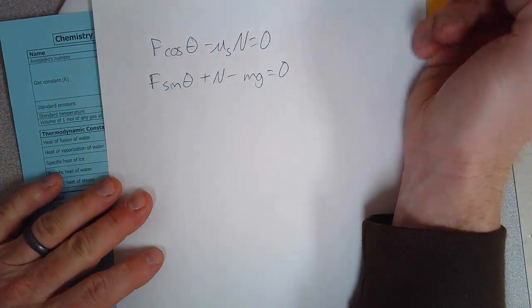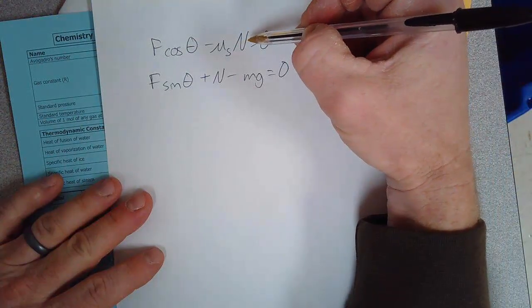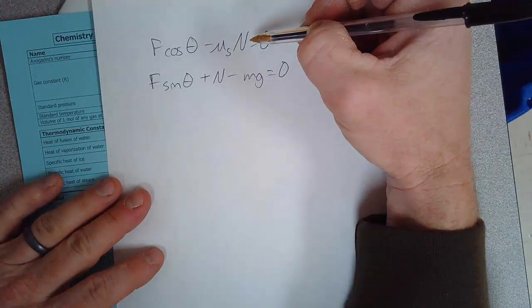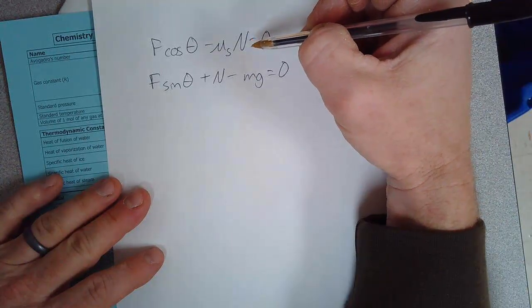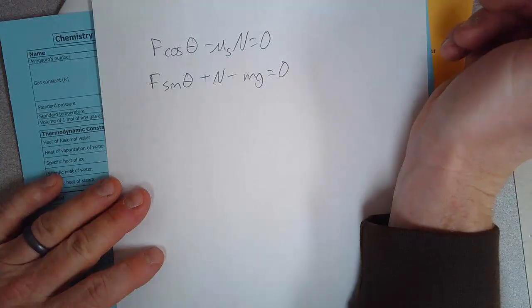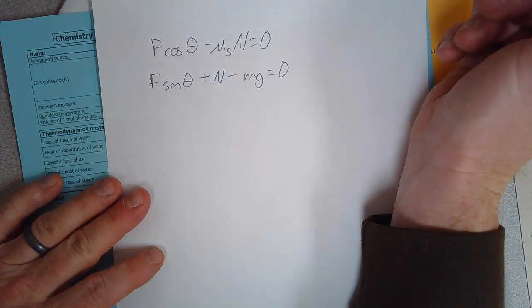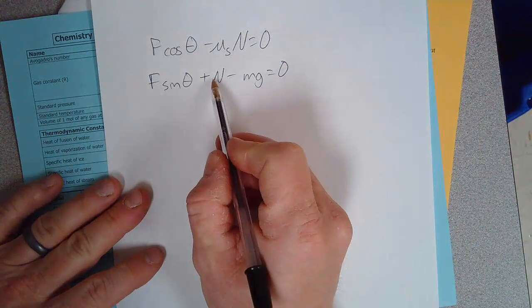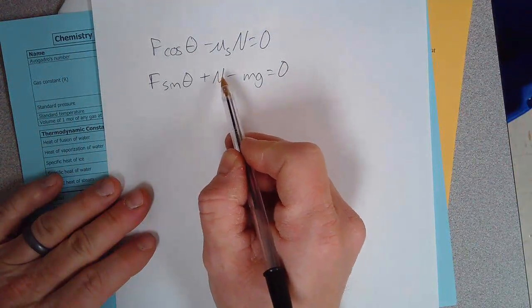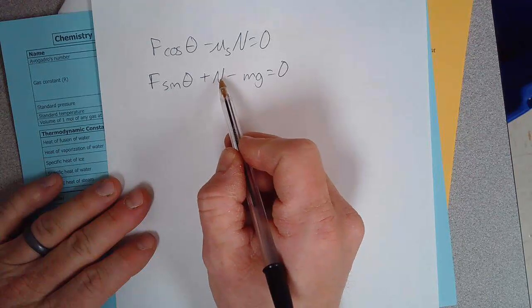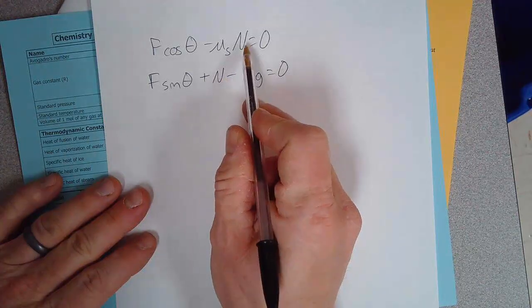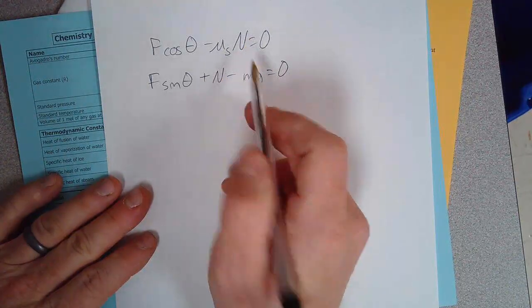So what we're going to do is solve one of these equations for n, and then substitute that into the other equation in place of n. I don't know that one of these is a whole lot easier than the other. I noticed that n is not multiplied by anything in this particular equation, so I think this is the one that I'm going to solve for n, and then I will substitute that expression in place of n in this expression.